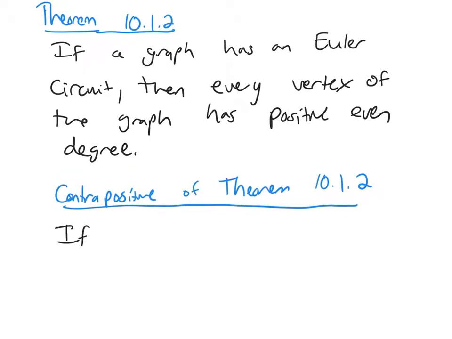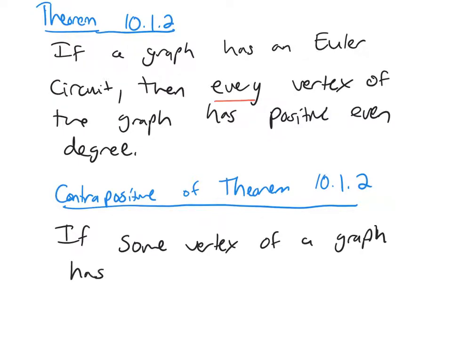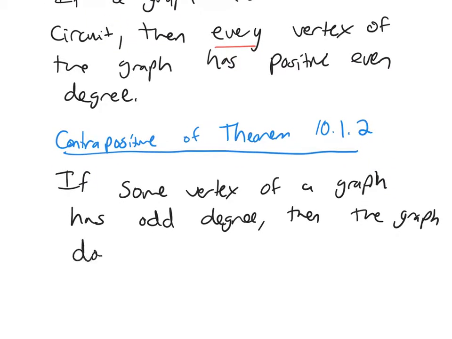So you need to negate every, so remember that's the universal quantifier, so it becomes the existential: if some vertex of a graph has odd degree, the opposite of even being odd, then the graph does not have an Euler circuit.